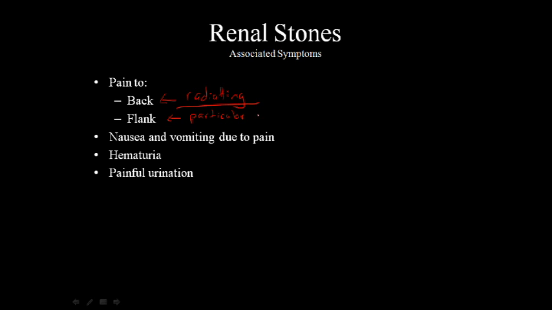And usually the patients will tell you, I've had stones on this side before, things like that. Also, nausea and vomiting due to the pain. This kind of depends on the patient's pain threshold. How they tolerate pain will affect whether they're nauseated or not.